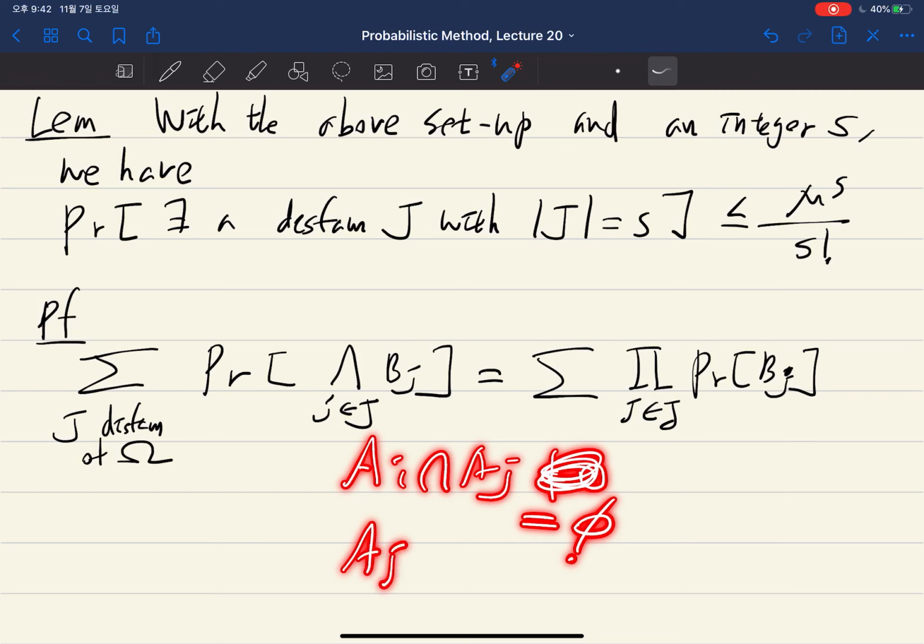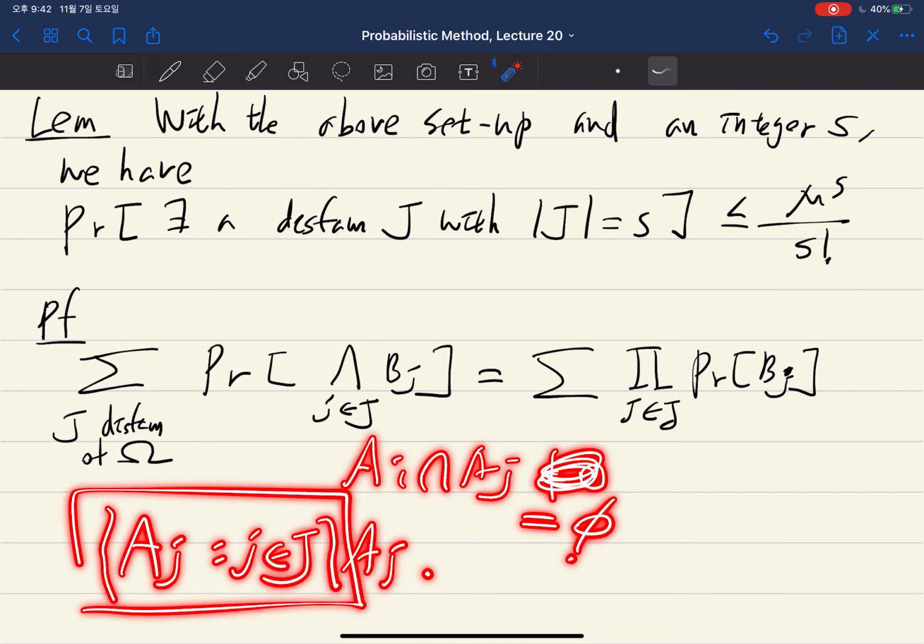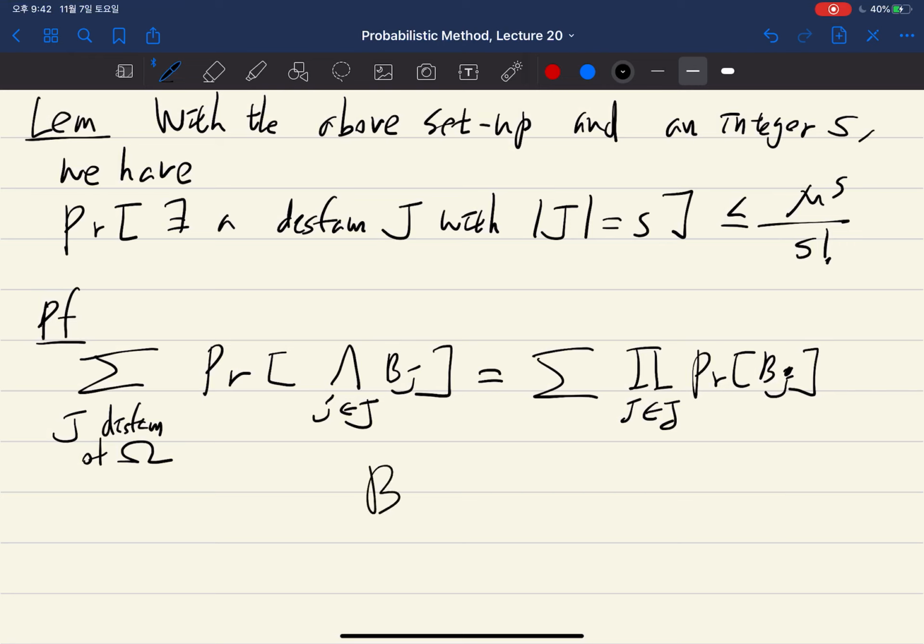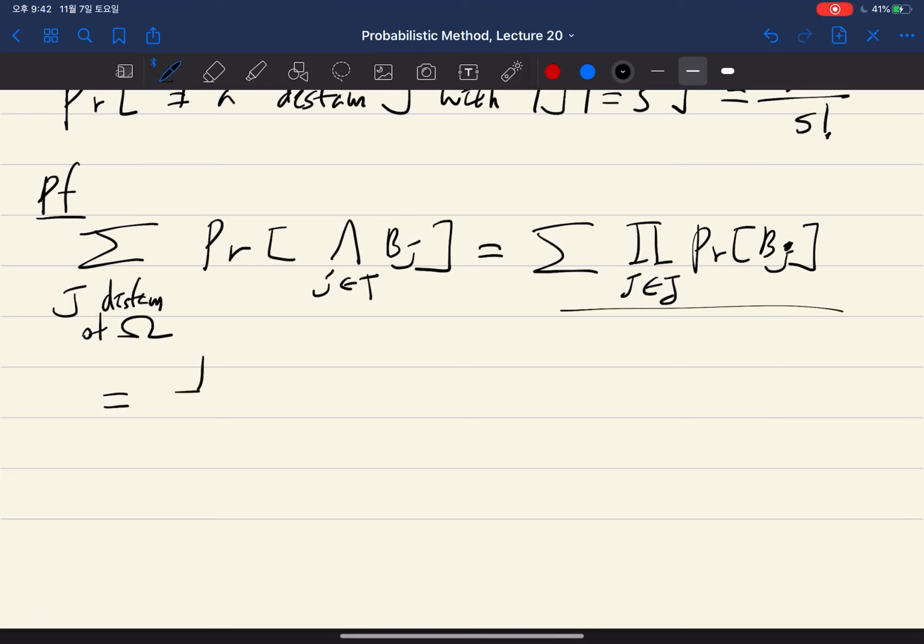And those sets Aj, where j is in J, form a pairwise disjoint set. That means they are all mutually disjoint. So the Bj, where j is in J, form mutually independent events. So we can just multiply the probability of each event.